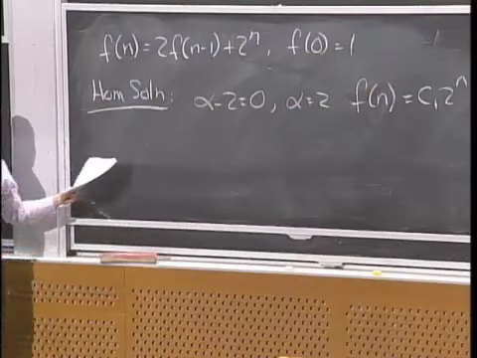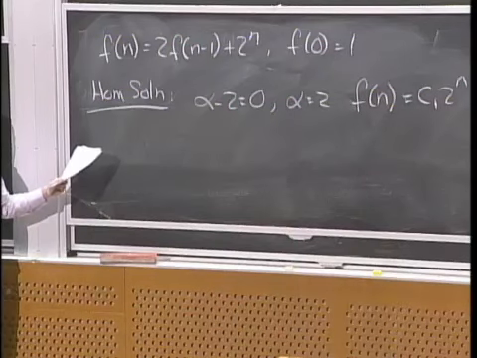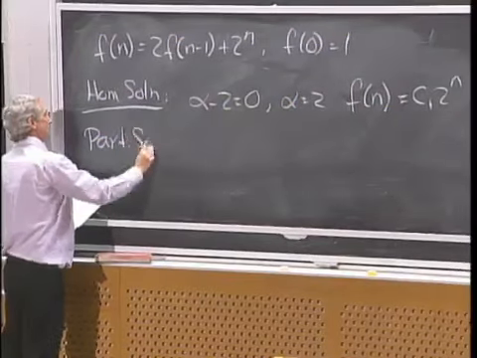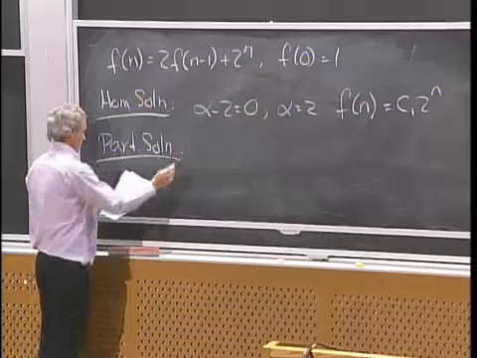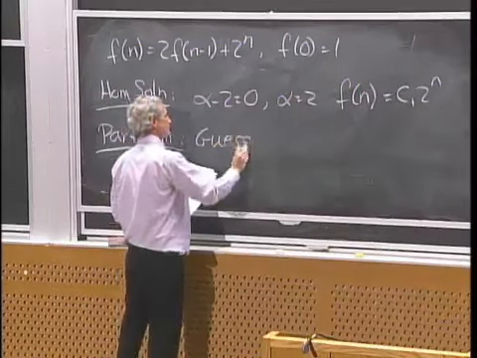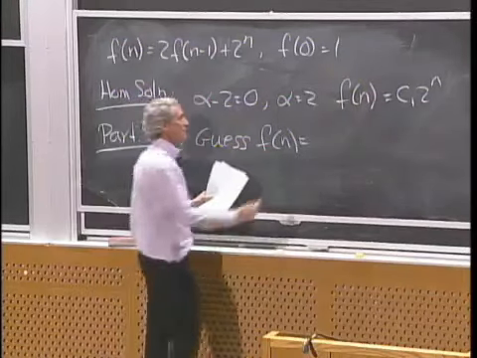What's the next step? What do I have to find next? Particular solution. All right, so what am I going to guess? A times 2 to the n.